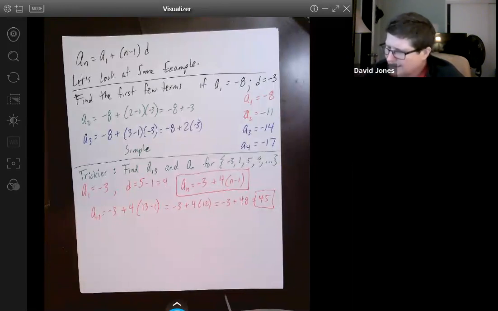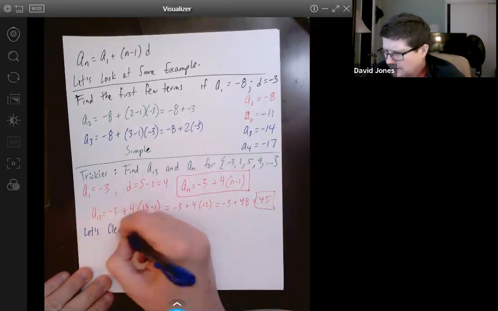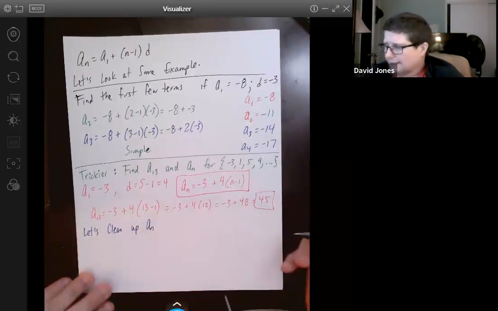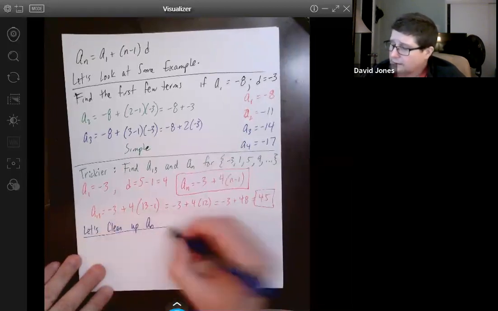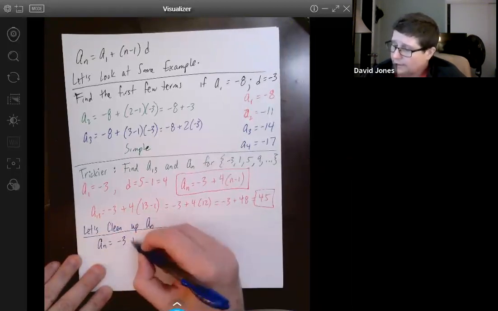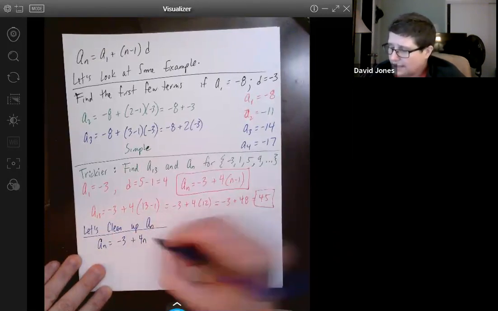Do I want to leave a sub n like that? No, let's not. Let's clean up a sub n. It's ugly like that, right? A sub n is -3 plus, let's distribute the 4, 4n minus 4.